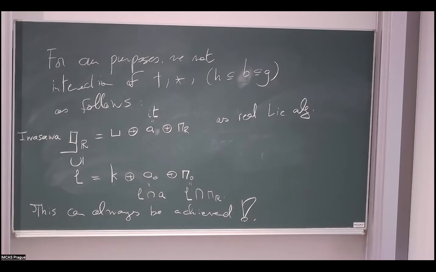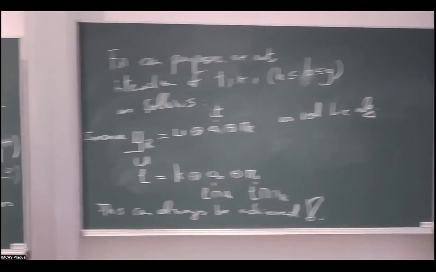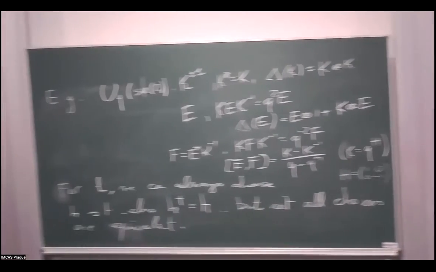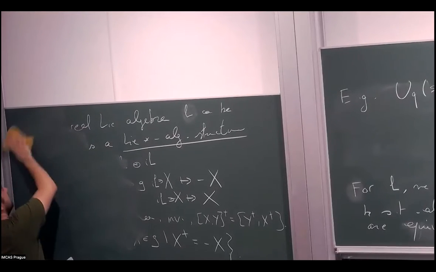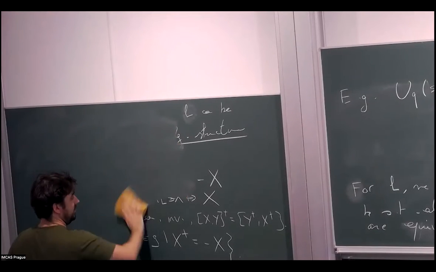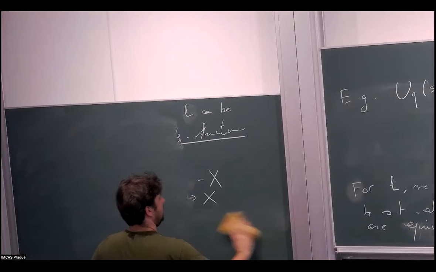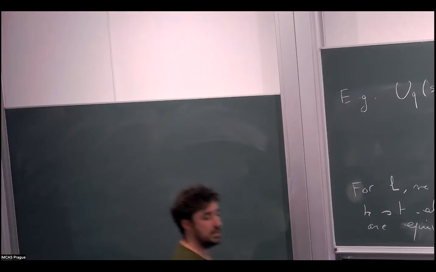Okay, so the question is, why do I insist on having this Iwasawa decomposition? Basically, all choices are dictated by what Drinfeld already envisioned in the 80s, maybe early 90s. So why Iwasawa?